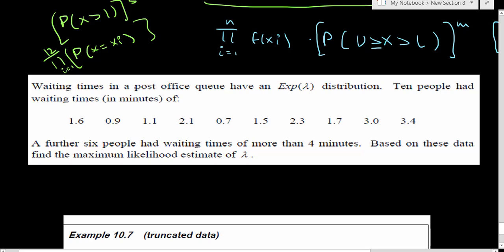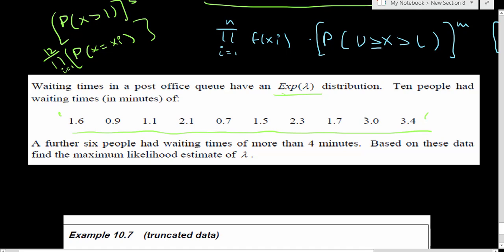It says that the waiting times in a post office queue have an exponential lambda distribution, right? So the exponential distribution is followed, and 10 people had their waiting time. So we know the exact waiting time for these 10 guys.